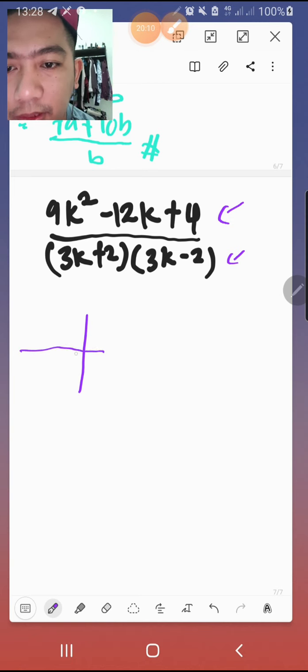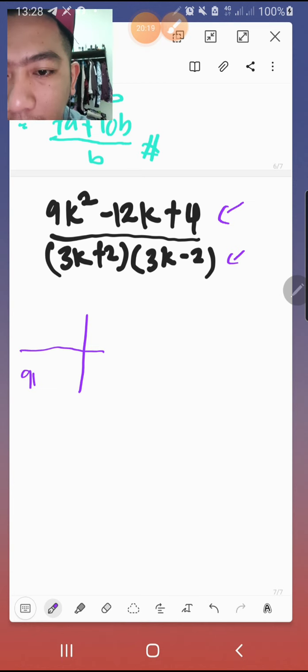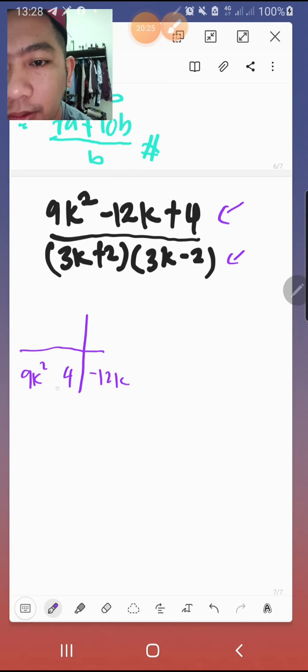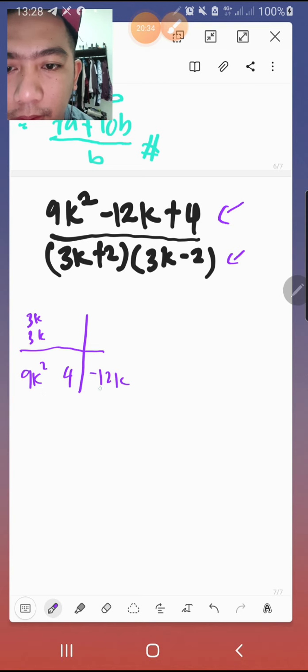Do a cross multiplication, 9k square, and here is 4 and negative 12k. So 3k times 3k, you will get 9k square. And then how to get 4? 1 times 4.